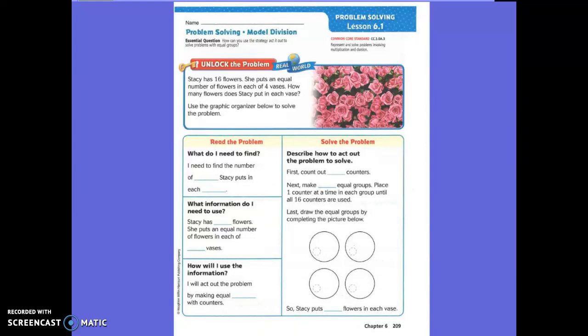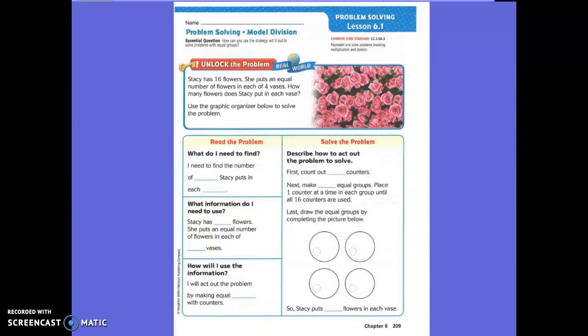Okay, boys and girls, from that story, what do we need to find? They already have some sentence starters for you. I need to find the number of, everyone? Guys, I'm asking you, get on the same page.